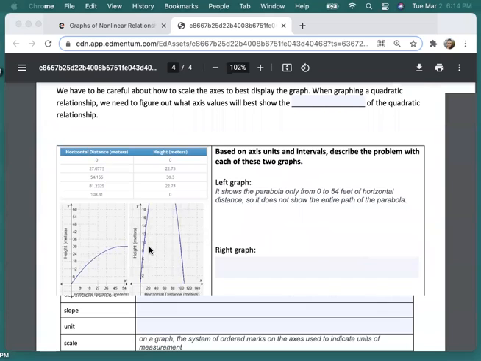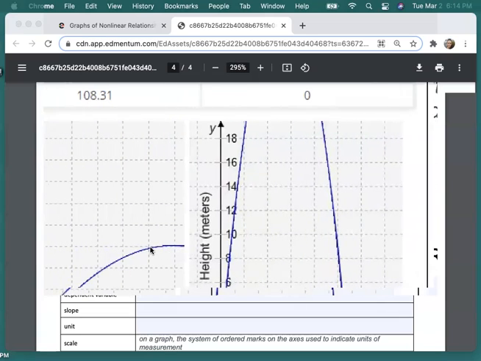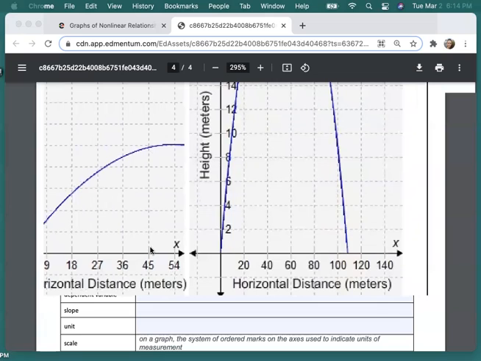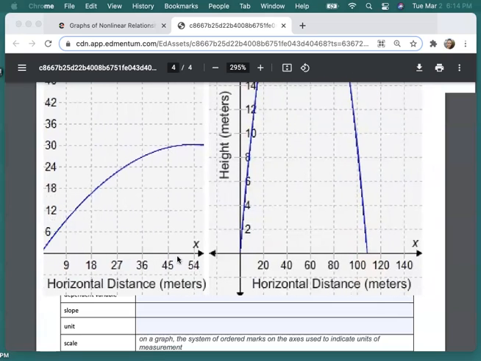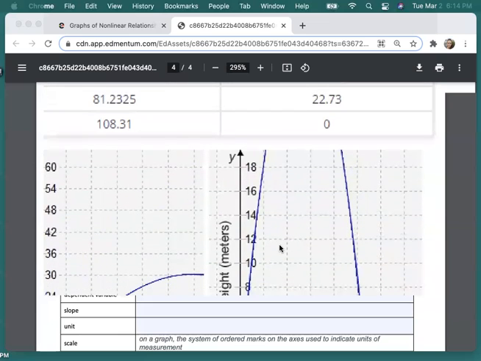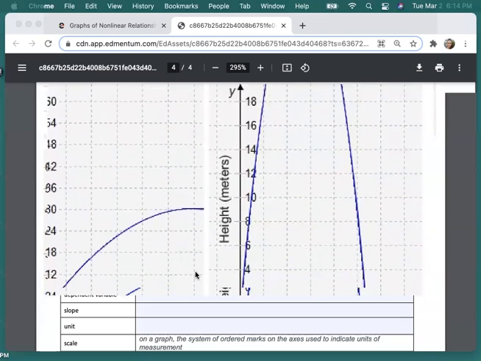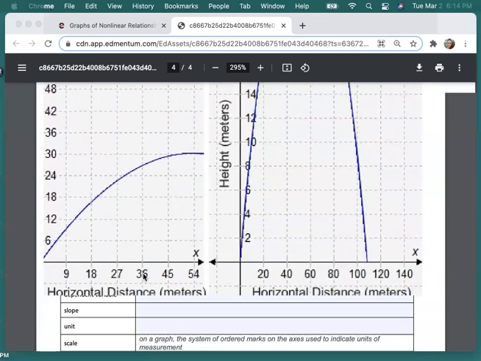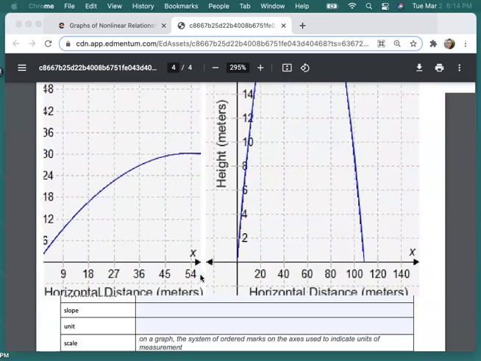So it is important to consider the scale of the graphs. Here, these two things are showing the same information, but at different scales. So like here, the height goes to 30, but the horizontal distance isn't completely shown on the graph.